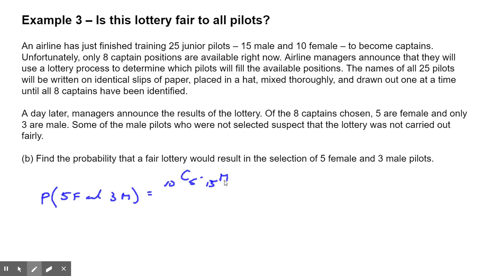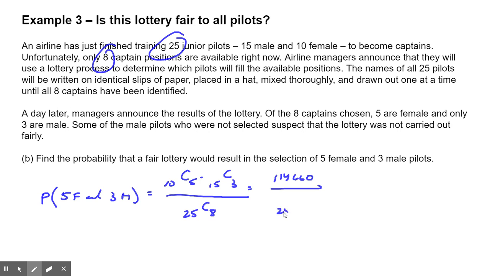So the top is going to be the number of ways: the 10 females choose 5 times the 15 males choose 3. Sorry, let me slow down. So our top is going to be that 114,660. This is why it builds. But the bottom is going to be the total number of ways that you can choose 8 pilots for the captain positions from the 25. So that's 25 choose 8. I'll type this into my calculator.